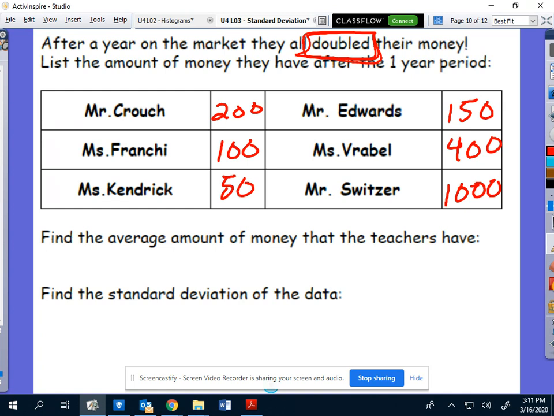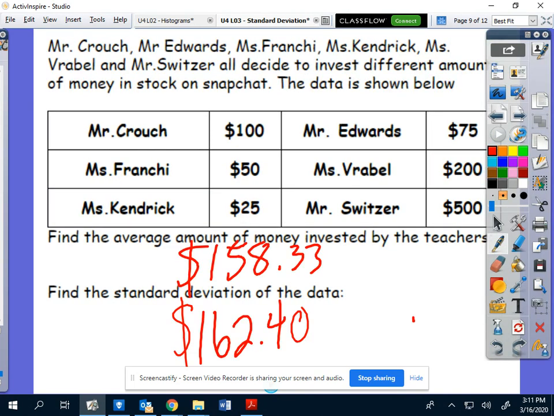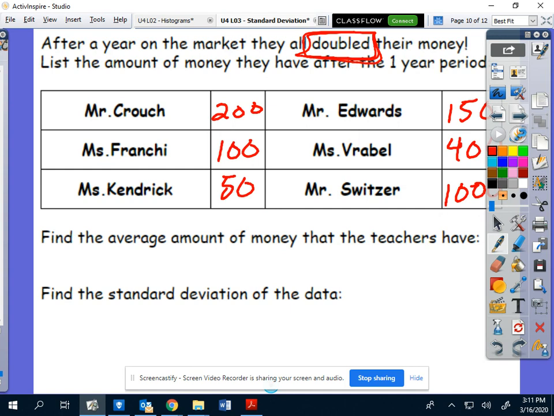So what do we think is going to happen to our average? Our average was $158. We'll just stick with that. What do you think is going to happen now that all of our money has doubled? Well, stands to reason that $158 would also just double, right?